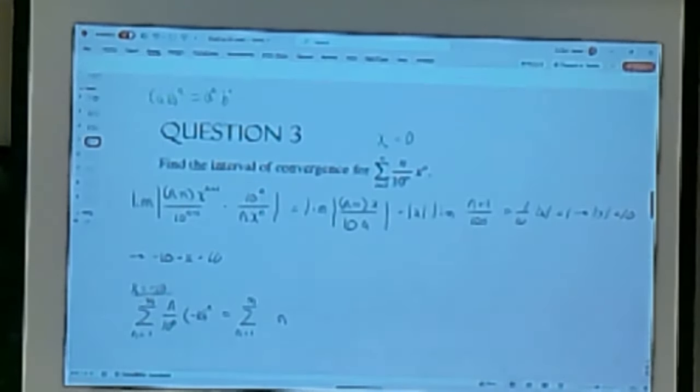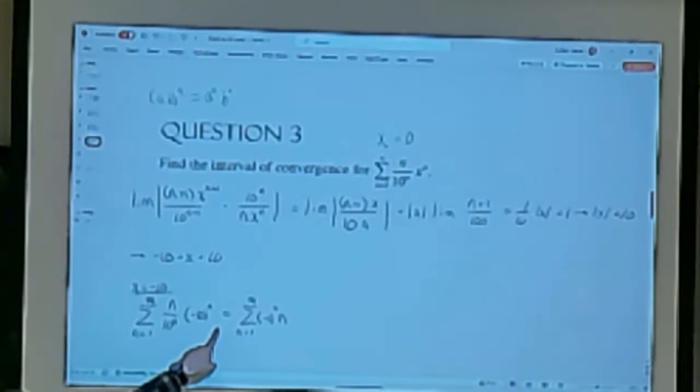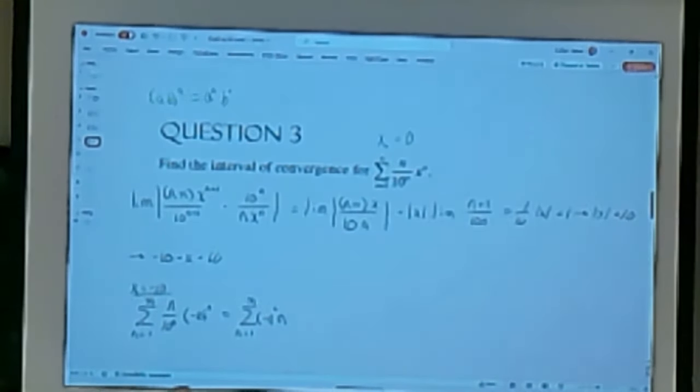That's why I said it's not just a negative. Another way you could examine that is, since they have the same power, that's -10 over 10, all raised to the nth power. Negative 10 over 10 is negative 1, so negative 1 to the nth power. That's the other way you could look at it.